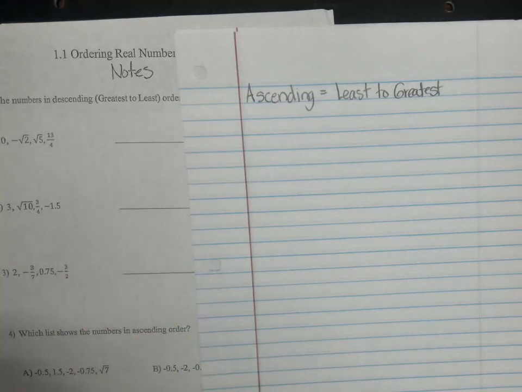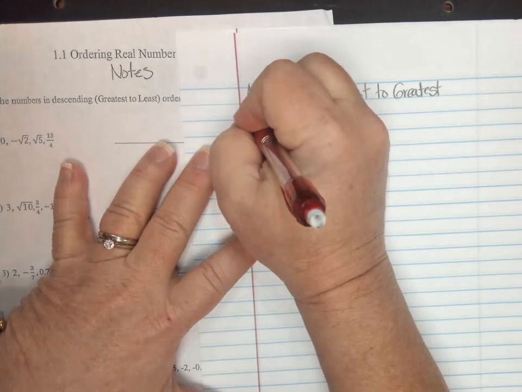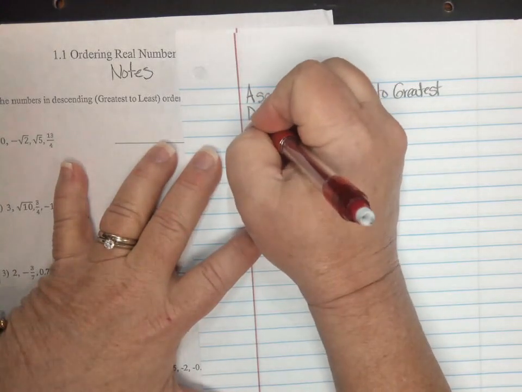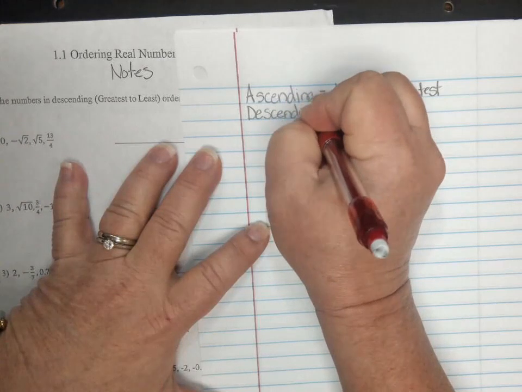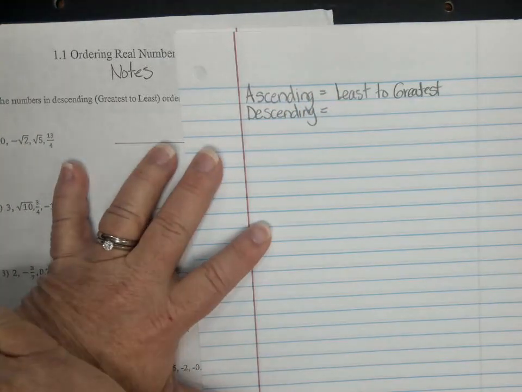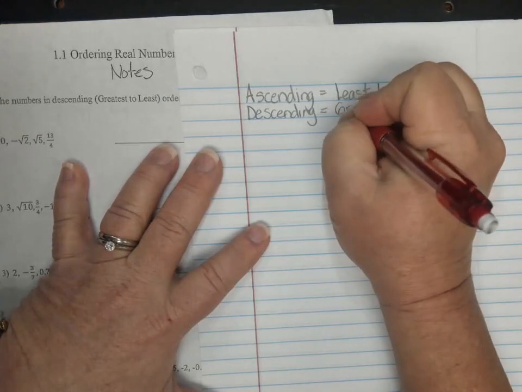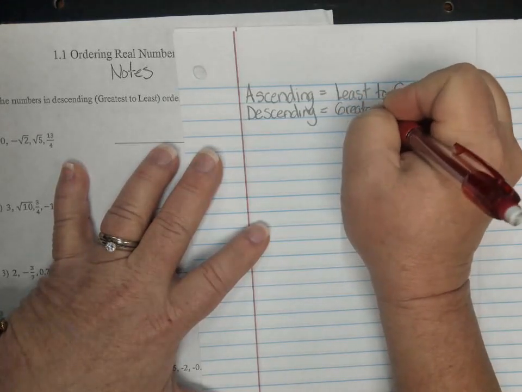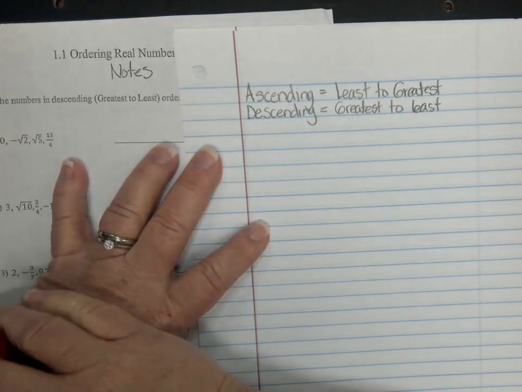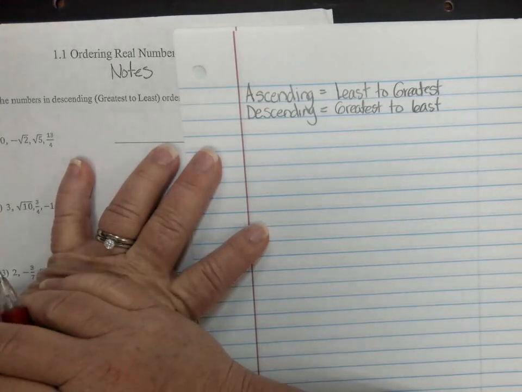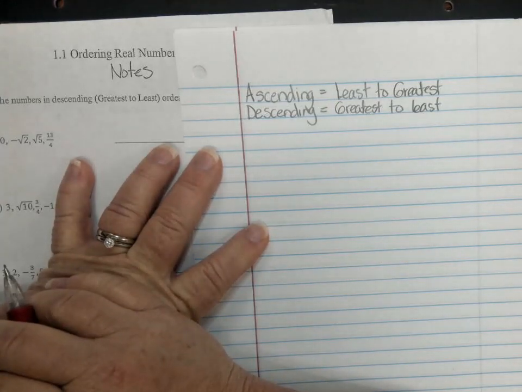So you go from here and you go up. All right, descending order is the opposite. And descending means greatest to least. So you either ascend to heaven or you descend to that other place that's really warm.